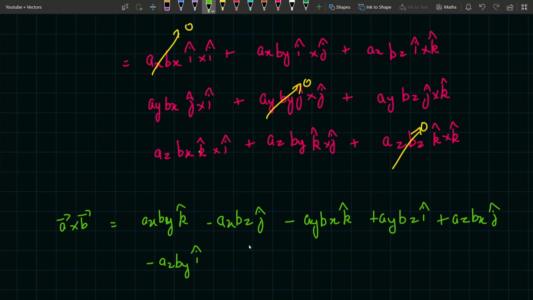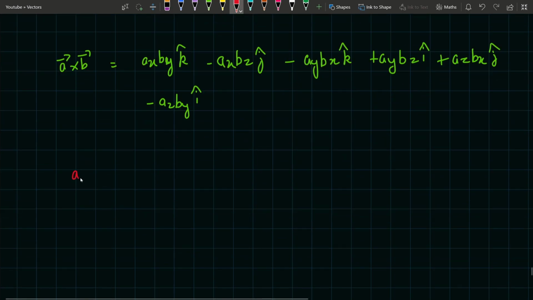Now we can group the i cap terms, j cap terms and the k cap terms. That will give you a cross b equals, where are the i caps? ay bz minus az by, into i cap, plus, where are the j caps? Plus az bx minus ax bz, j cap.